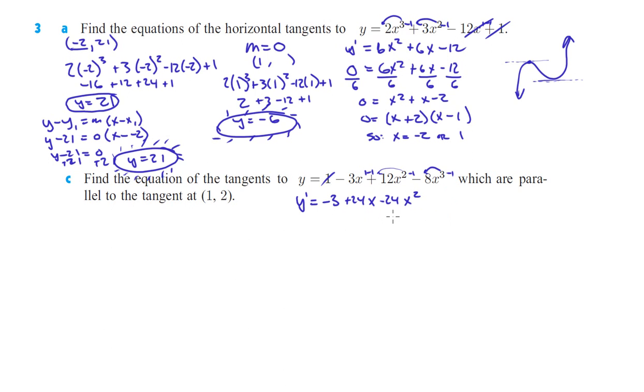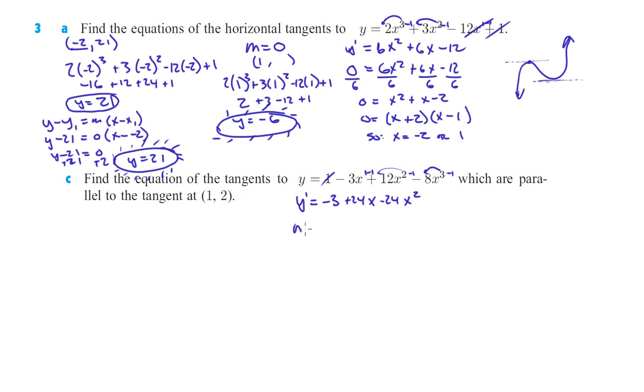Okay, so now we know that the tangents we're looking for have the same slope as the tangent at (1, 2). So really what we need to do right now is plug 1 into this here to figure out what the slope is, right?